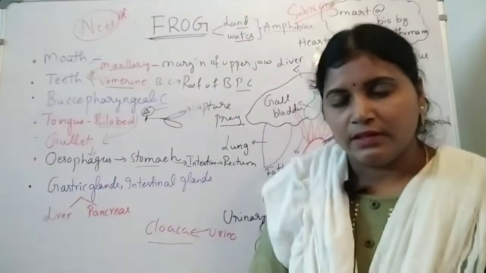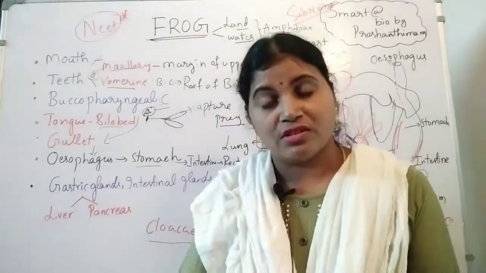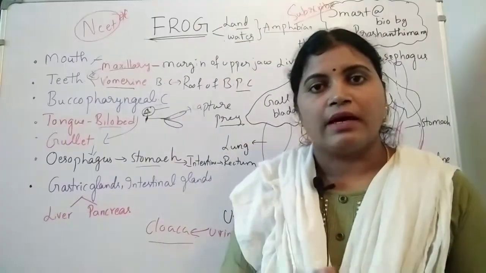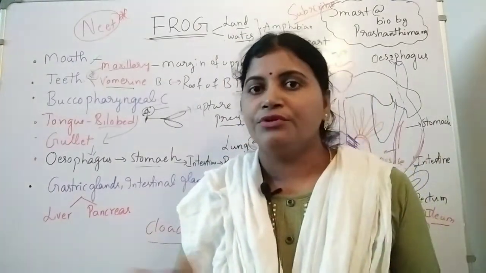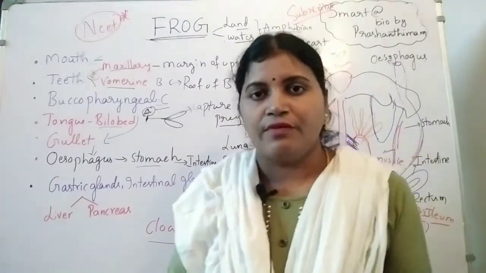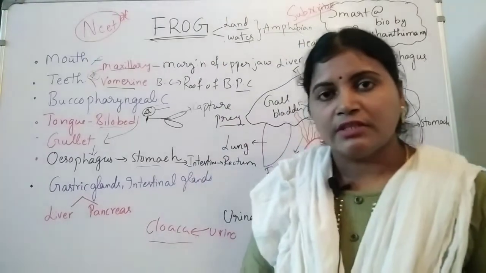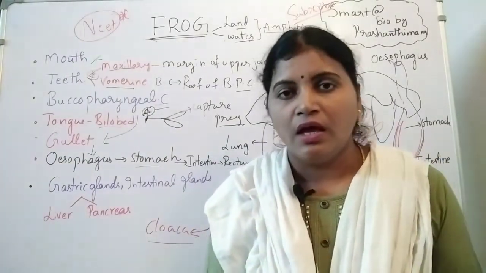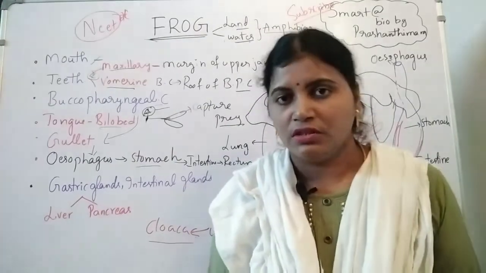The liver secretes the bile juices, which contain bile salts and bile pigments. These break down complex fat molecules into simple fat molecules.